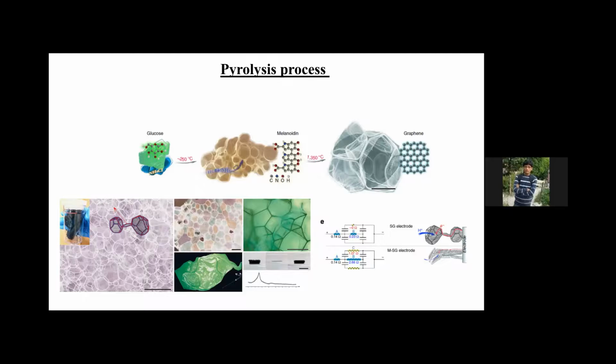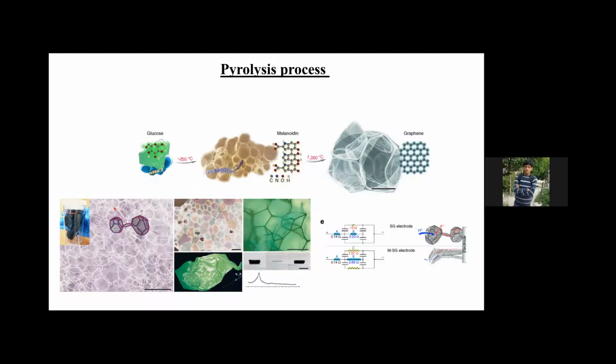Suppose, for example, we want to make a porous or 3D porous graphene. Generally, if we want to make a 3D porous graphene, it takes time. In the conventional method, we first need to make graphene oxide by the modified Hummers method.